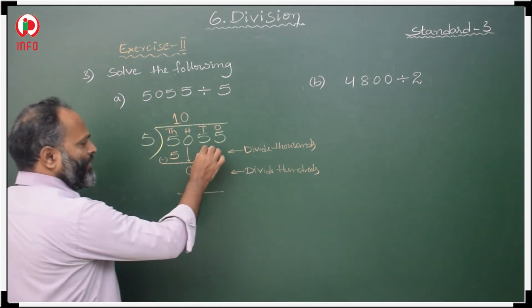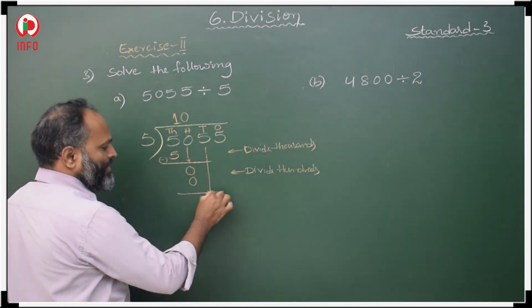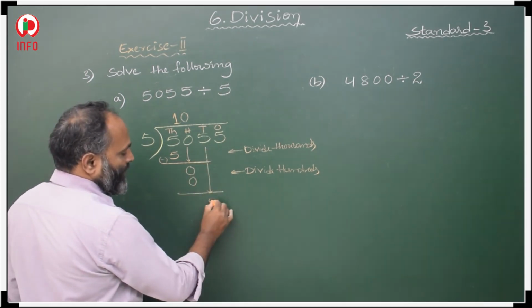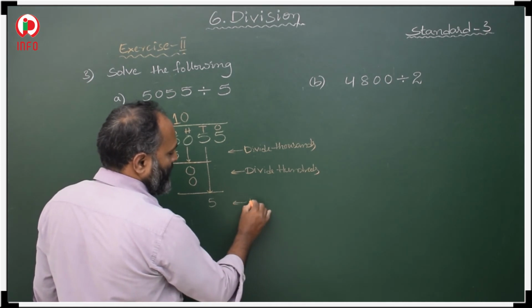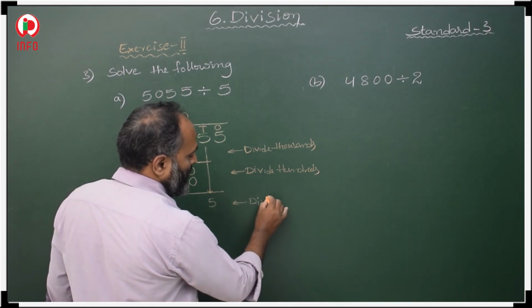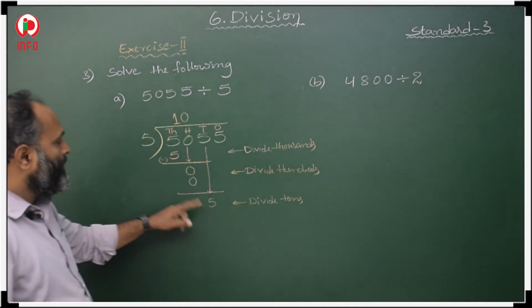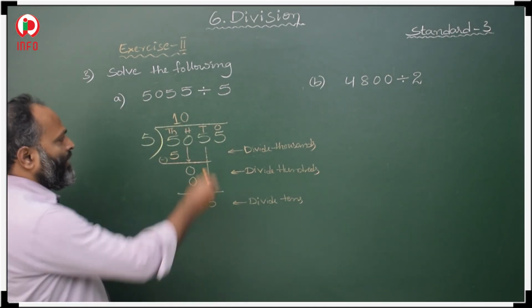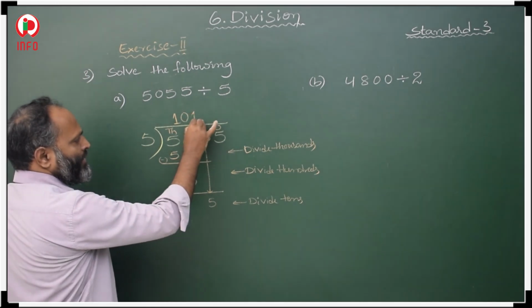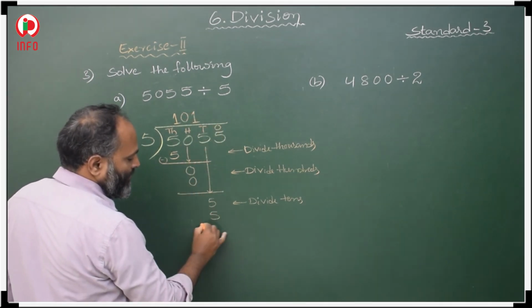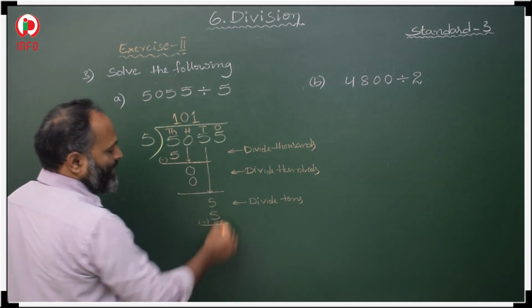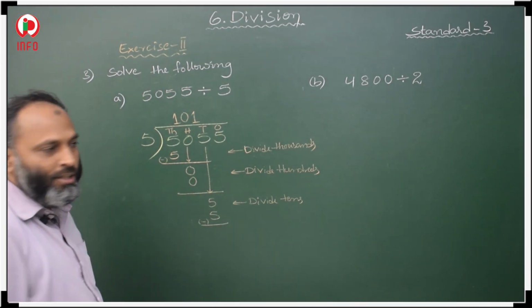Then after that the next tens place, that is 5, then divide tens. So this 5, when you will get 5 in the 5 table, 5 ones are 5, 1 in the quotient, and here 5, and again 5 minus 5 is 0, no need to write.